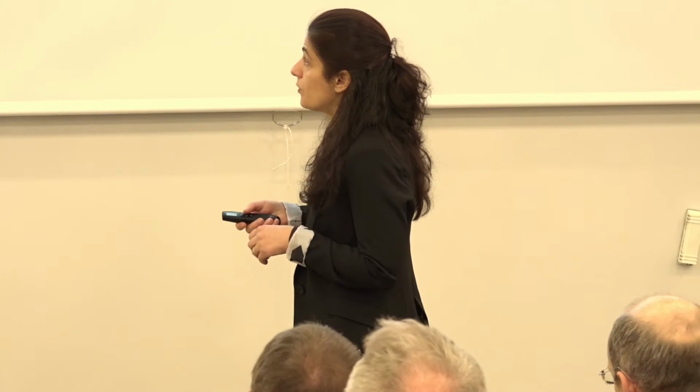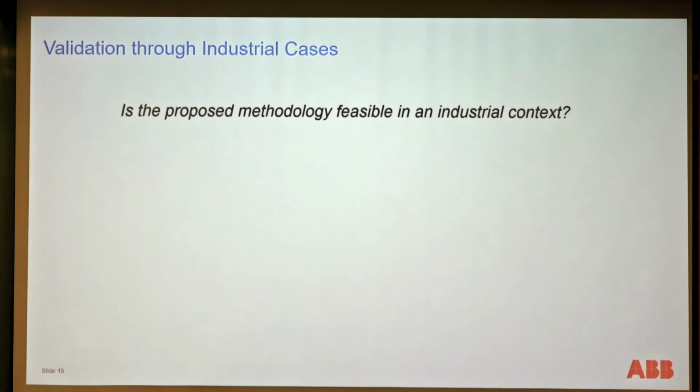As a next step, we have defined MULTIPAR and checked which extra-functional properties could be used. Then the next question was how to validate the contribution that we propose. This was based on one question from the feasibility point of view: is the methodology that we propose, MULTIPAR, feasible for being applied in industrial applications?